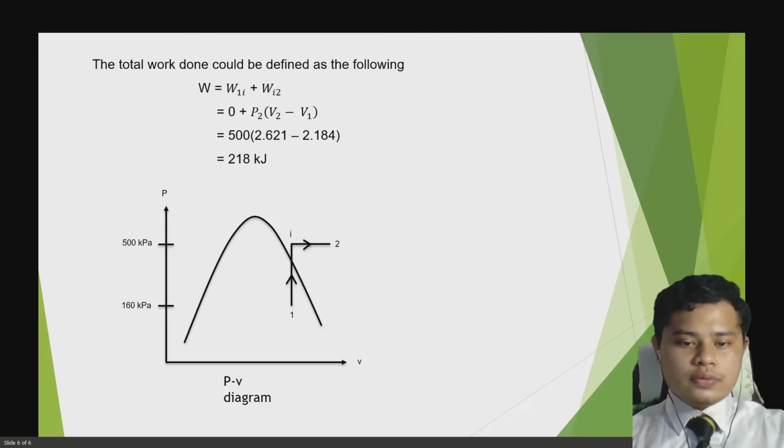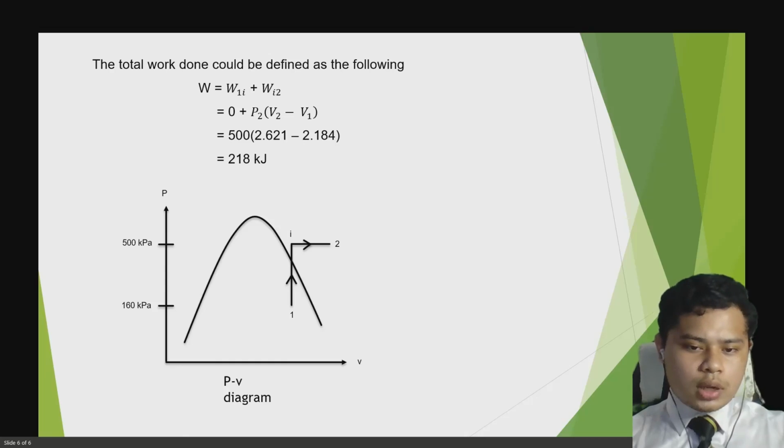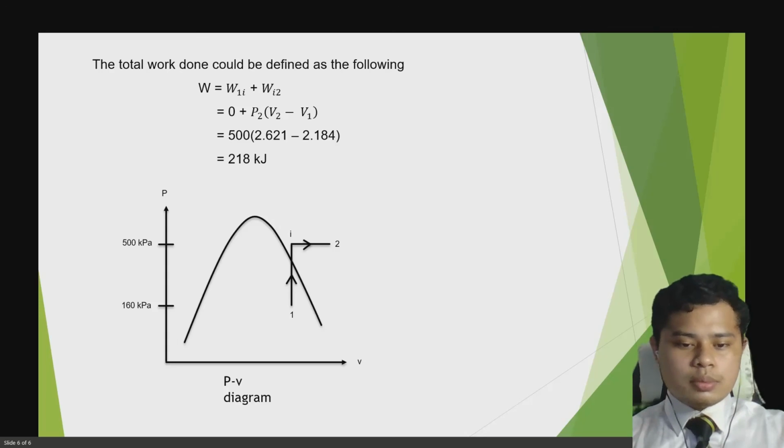Okay, so for that, the PV diagram, as we can look here, the PV diagram looks like this: from one, the initial process, to the intermediate process, and from the intermediate process to the final process. So that is how the PV diagram will look, and it proves all our calculations from before.